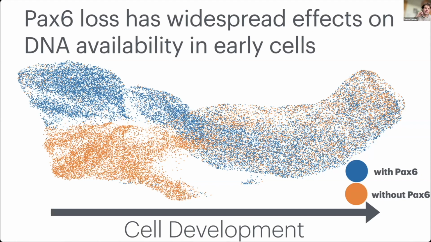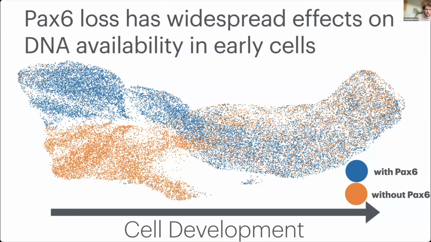The dots are split in a way that the distance between each of these dots corresponds to the similarity of these cells, and the similarity is from the regions being similarly available. So dots which are close to each other have very similar availability profiles. However, dots which are far away from each other have very different availability profiles from each other.